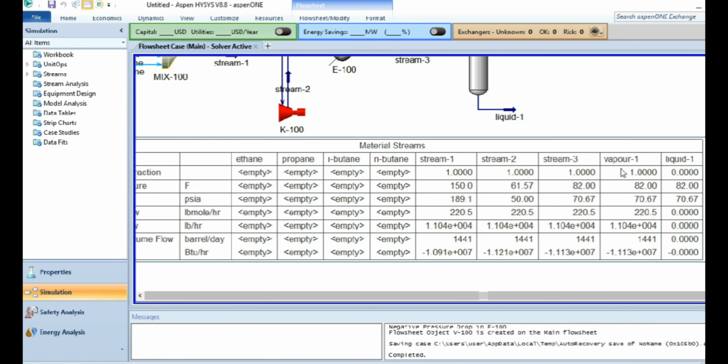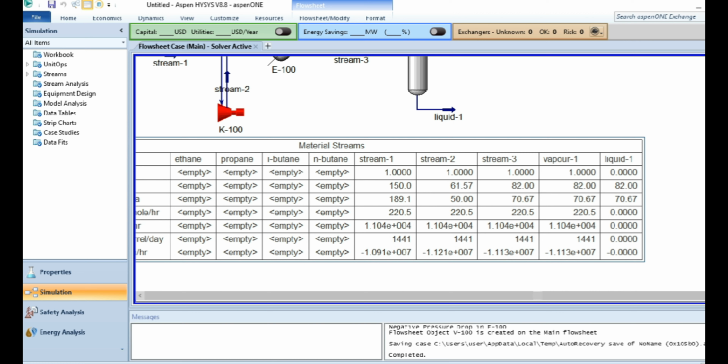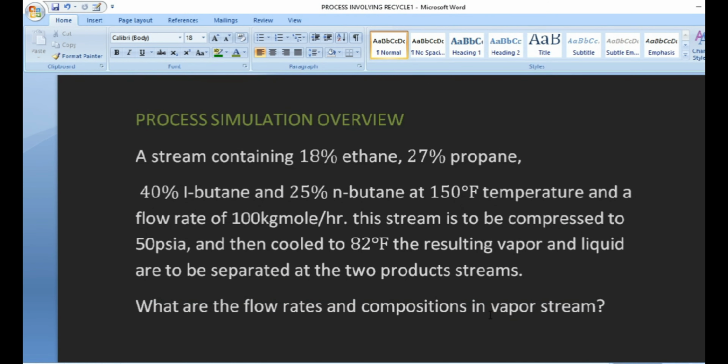Up to the last unit, that is the separator, you have vapour and liquid. This is the corresponding data for vapour and this is the corresponding data for liquid. Initially I was asked to find the flow rate and composition of the stream for the vapour.